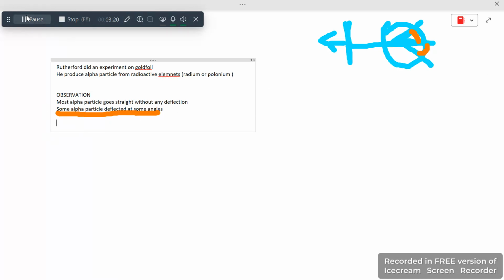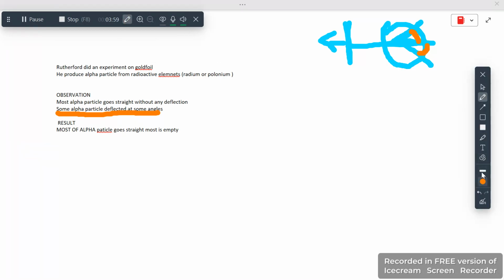Then in his result, what does he explain? He explained that most of the alpha particles go straight and most of the atom is empty. So what does this statement say?